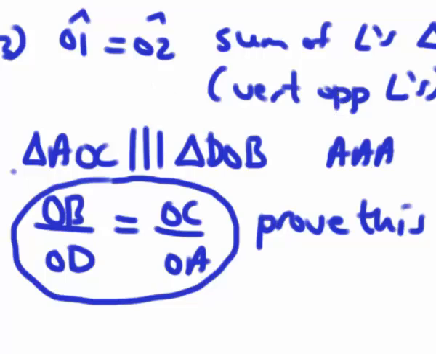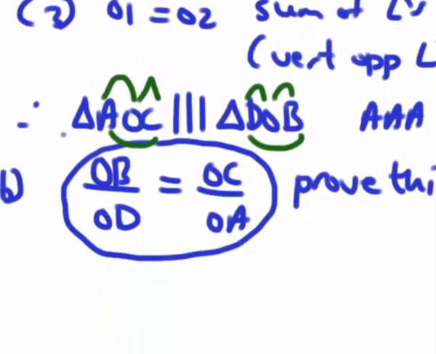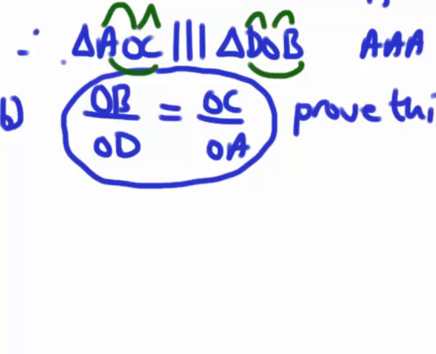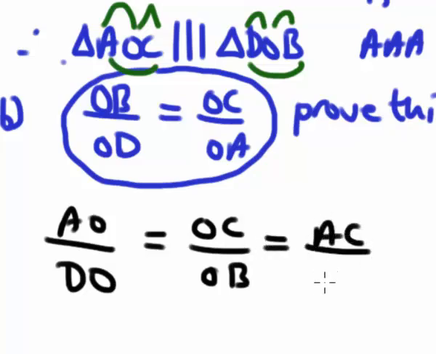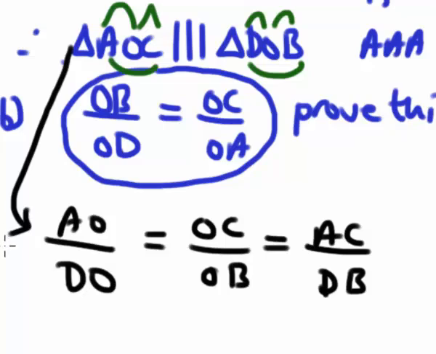Well, let's do our frog face quickly: AO over DO, OC, OB, AC, DB. So we've got AO over DO is equal to OC over OB is equal to AC over DB. So that gives us these ratios from the frog face.